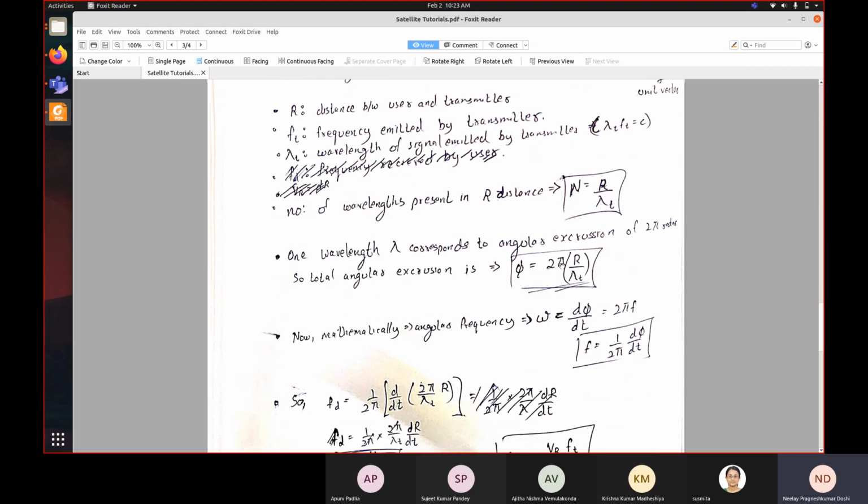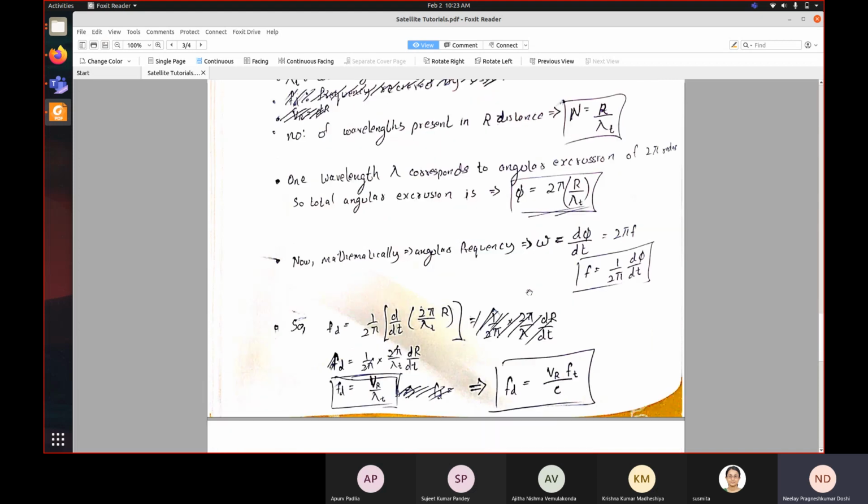Now we know that one lambda corresponds to an angle of 2 pi in radians. So for r distance it will be 2 pi r by lambda. Now we know that angular frequency can also be written as d phi by dt. But how are you relating it to r? So we can substitute it.